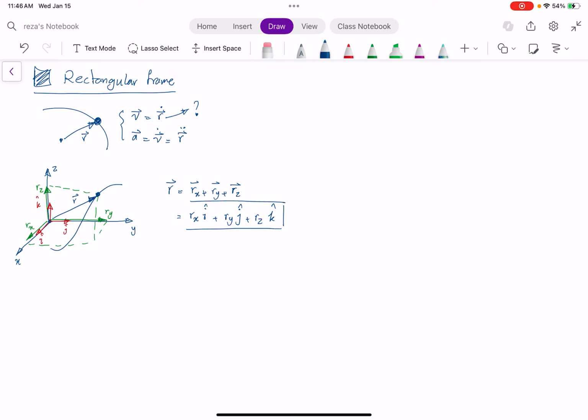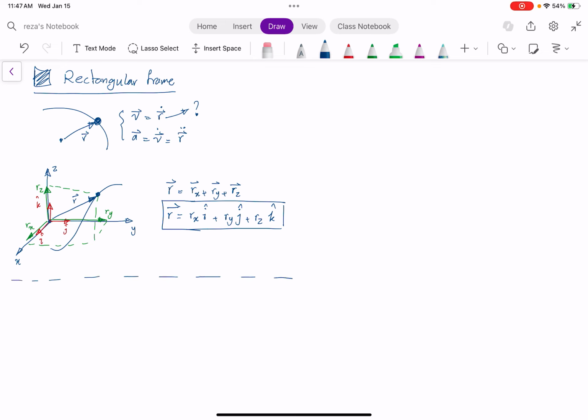So now I can actually take a tape measure, measure the components, the distances of the projections from the origin along any of these axes, and write vector r using useful numbers. So that is our position vector. Now that I have equations and numbers, my life is a lot easier.